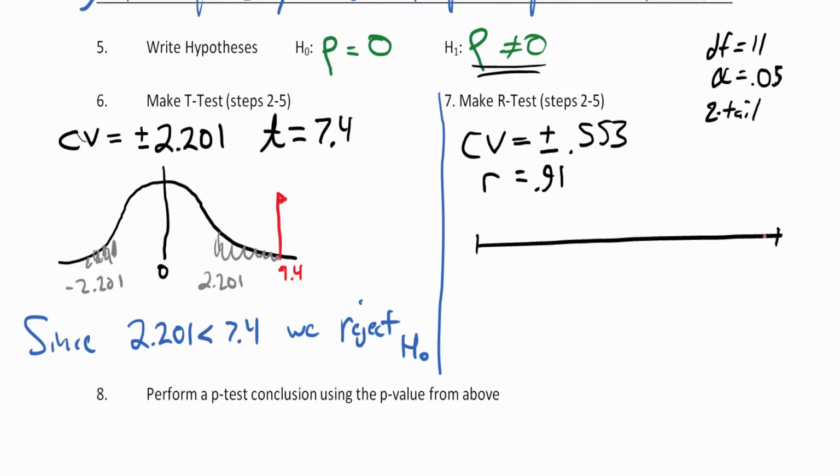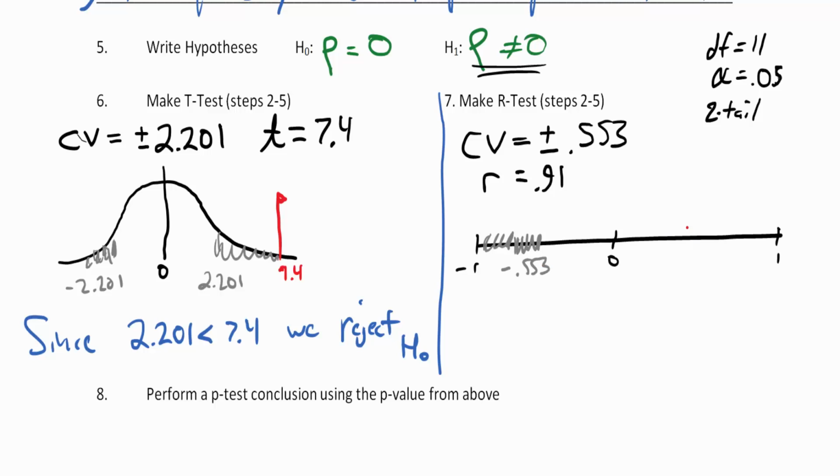It's not a normal curve, it is a continuum of possible R values. So we can go from -1 to 1, and our shaded zone in this case is going to be here at negative 0.553.